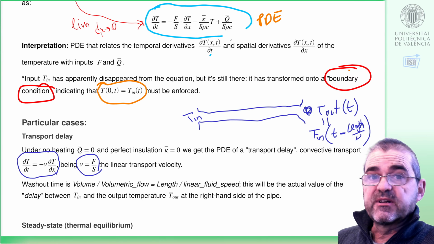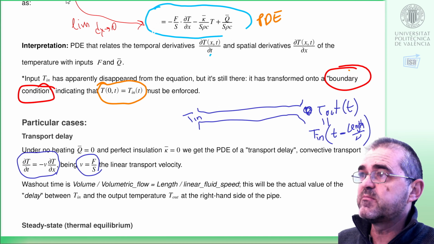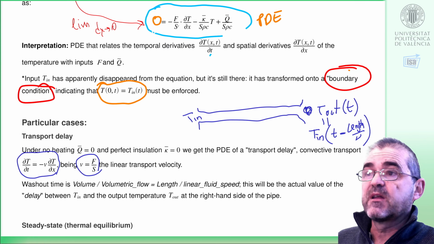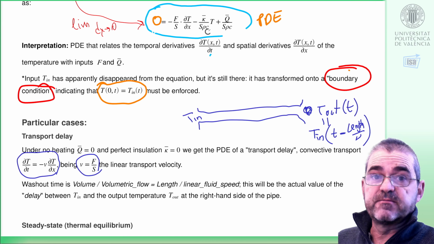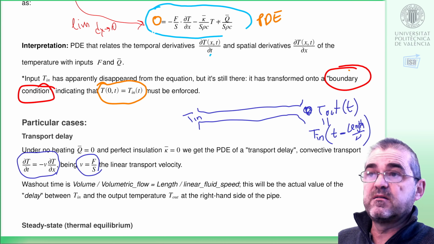The second particular case is the equilibrium equation, in which when nothing changes with time, we assume 0 temporal derivatives, and then this is a first order differential equation, let's say, only in the spatial coordinate.